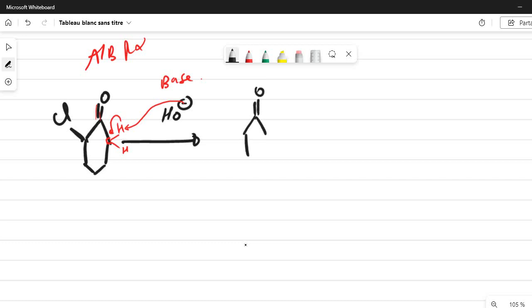I draw the molecule again, and here I have a minus charge. This carbon is attached to an oxygen, and this one is attached to a chlorine. The one which holds the chlorine has a partial positive charge, and the chlorine is a good leaving group.